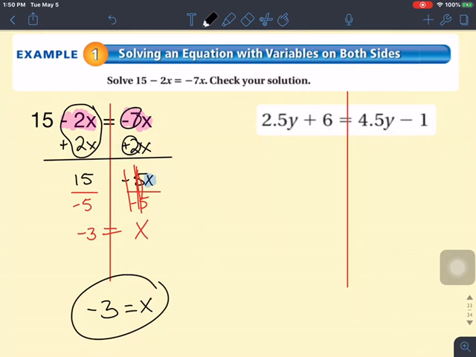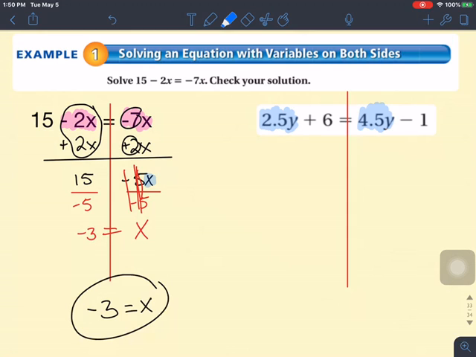Okay, now we're going to go over to the right-hand side. Now this one is a little different. You'll notice that you have a plus 6 and a negative 1, and a 2.5y and a 4.5y. And whenever I make a move, I'm thinking about, okay, I've got two y terms, and I could do two things here.